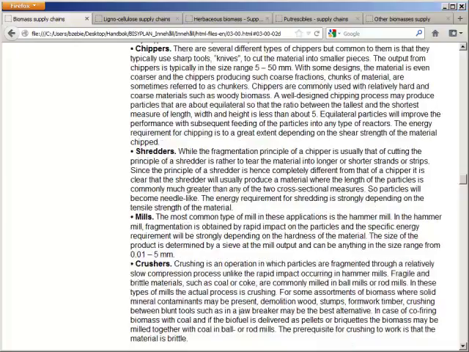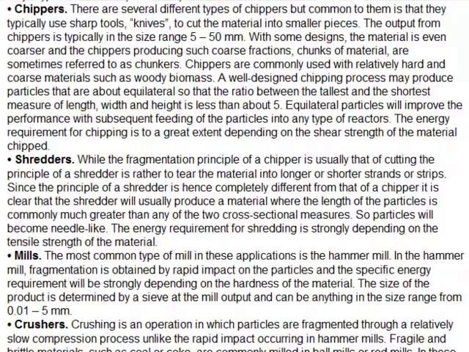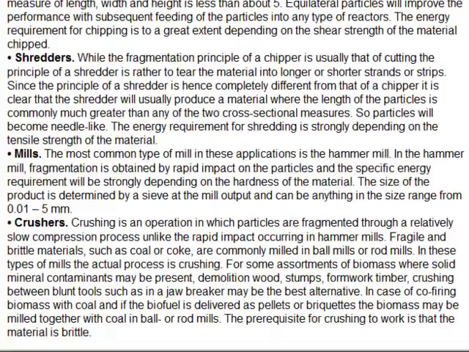For the fragmentation, there are mainly 4 different types of equipment that are used. Chippers typically use sharp tools, let's call them knives, to cut the material into pieces. Shredders, on the other hand, use blunt tools and tear the material into pieces.